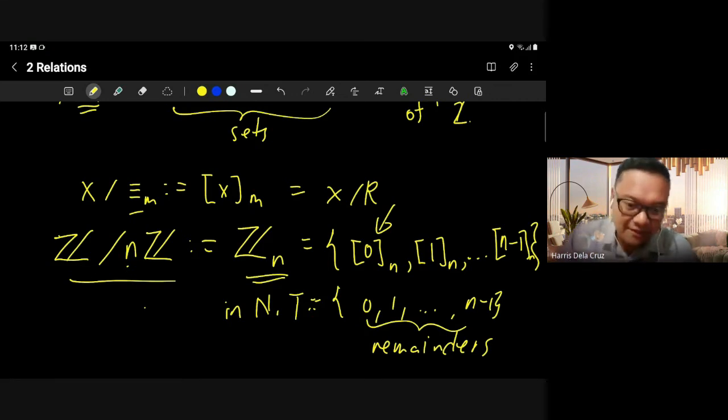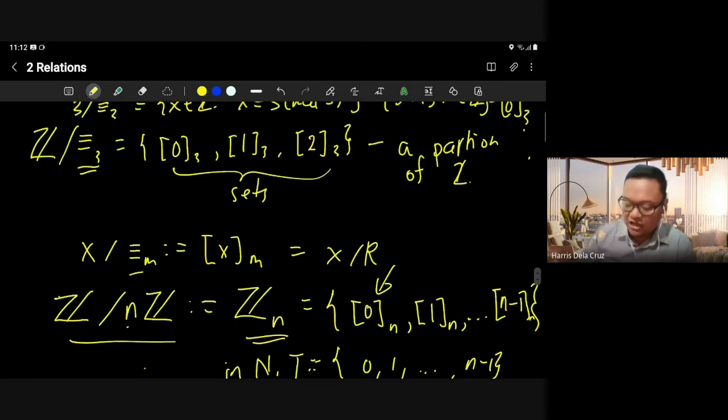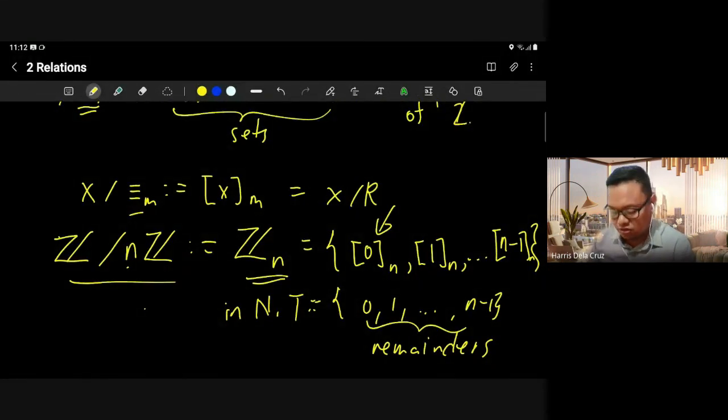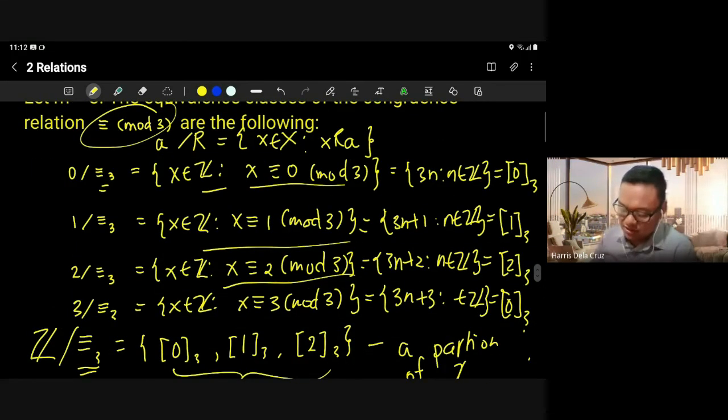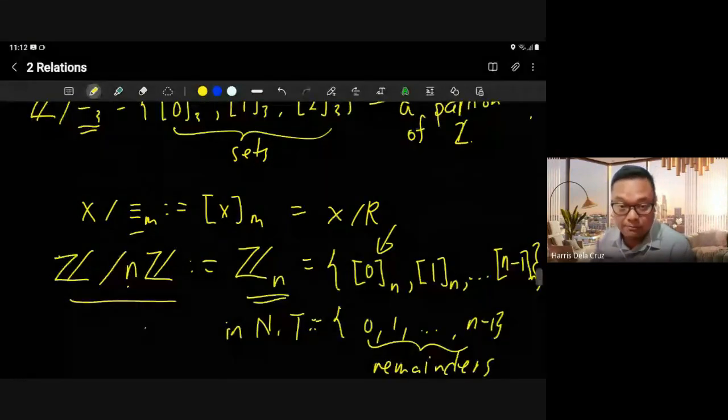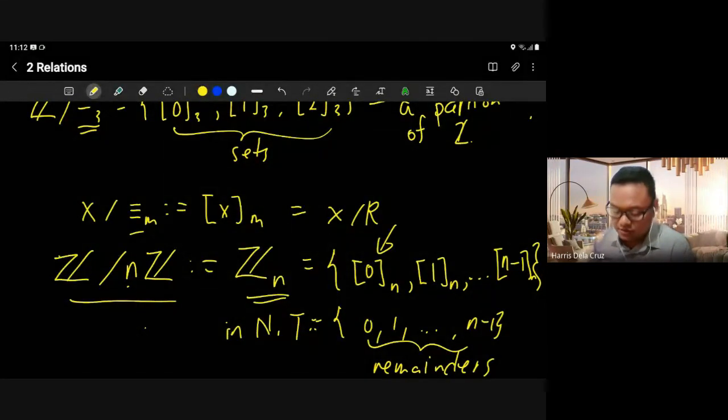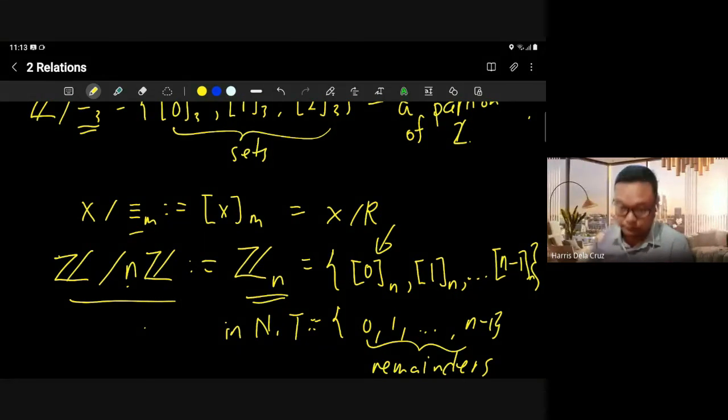Okay? Sige. So, as I've said a while ago, this set actually forms a partition. So, napakita natin in m equals 3. But in general, you can easily show that in any arbitrary value of n. So, yung C1, C2, C3, C4, and so on, for any value of n, actually produce a partition of Z with respect to the modulo relation.